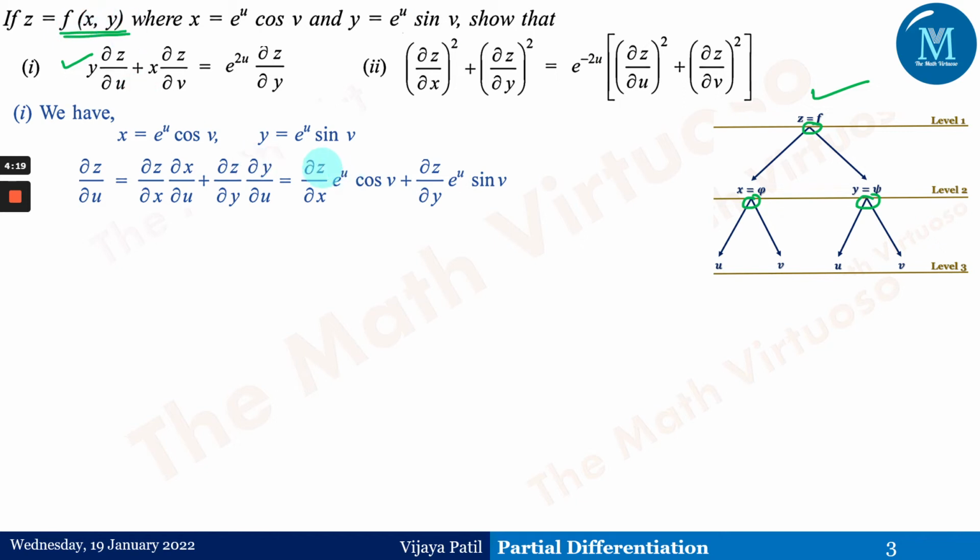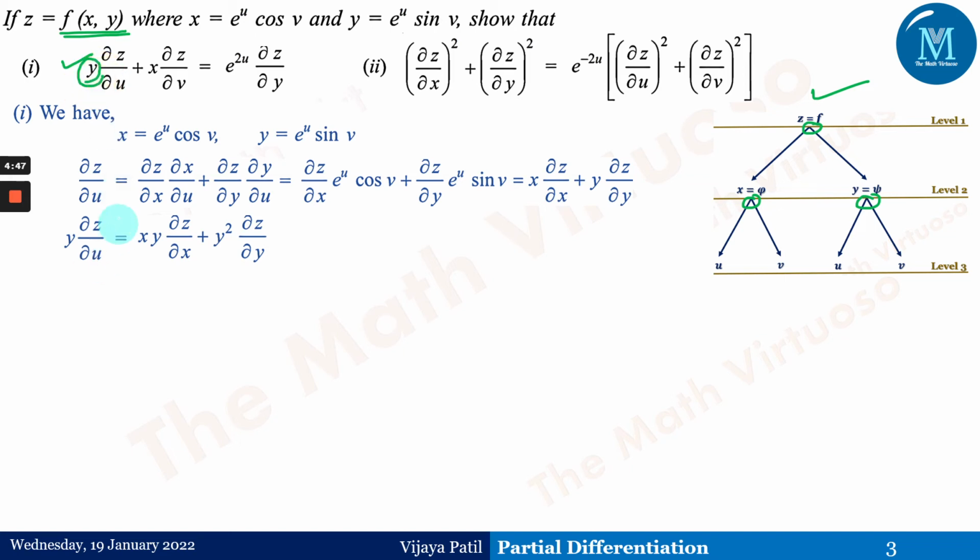So it is dou z upon dou x into e to the power u cos v plus dou z upon dou y into e to the power u sin v. Then this is nothing but x dou z upon dou x plus y dou z upon dou y. Then similarly, because this is dou z upon dou x, we want dou z upon dou u, we want y with that.